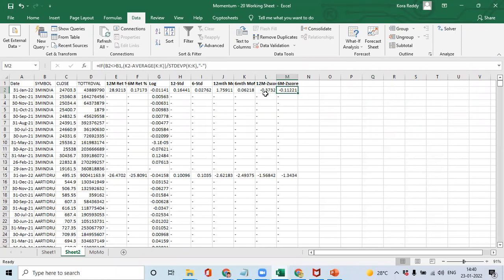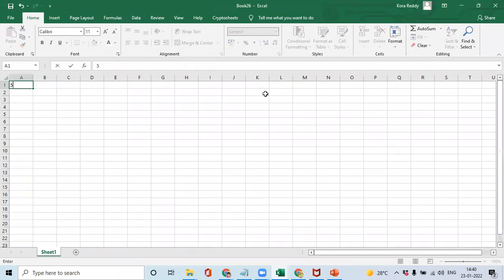12-month Z score, 6-month Z score. What does it signify, Kora? Z score? It's basically where your value is. Should it be positive, or is it okay?